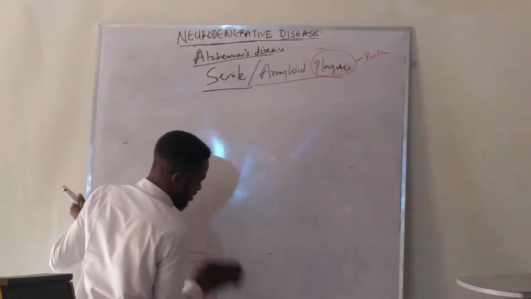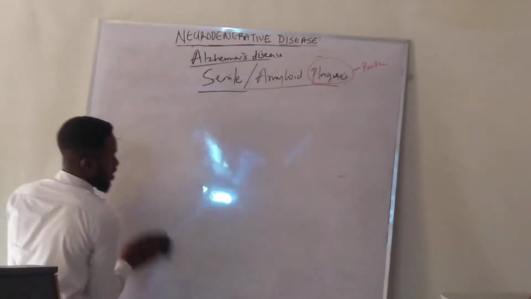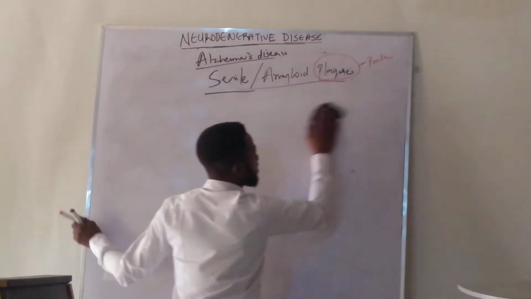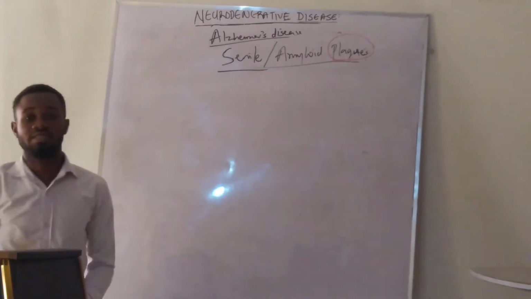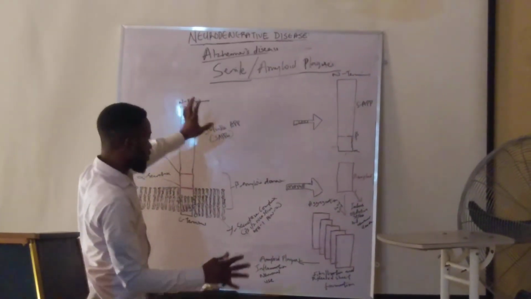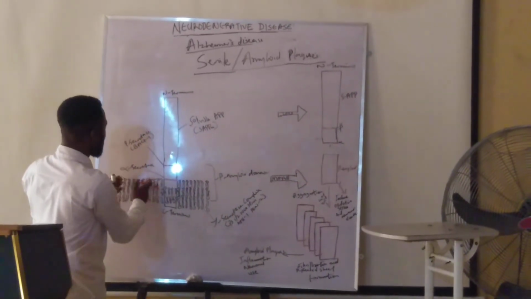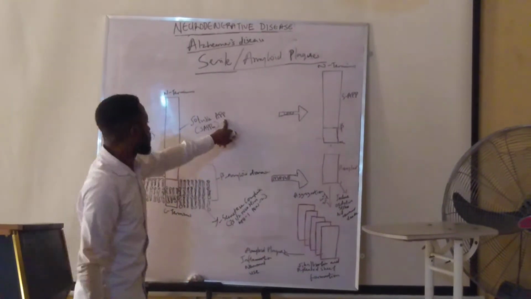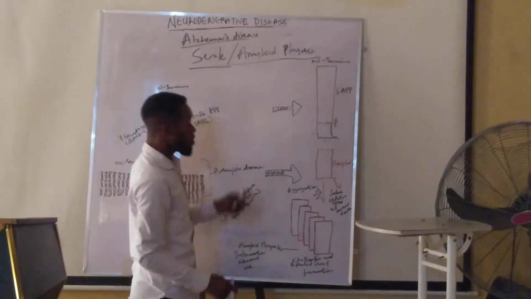So with that, let's talk about the case in Alzheimer's disease. This is the metabolic pathway. Here, alpha secretase cleaves the soluble amyloid precursor protein directly from the amyloid domain.